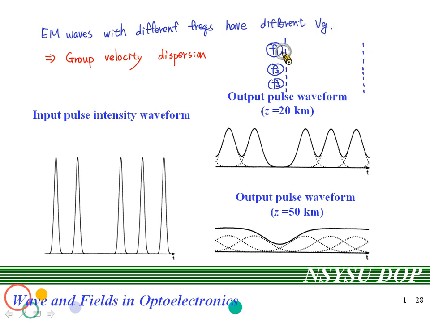Since these three signals have different frequencies, that is, different group velocities, signal F1 arrives at the final point, signal F2 may not have arrived yet, and signal F3 may have already arrived like this.